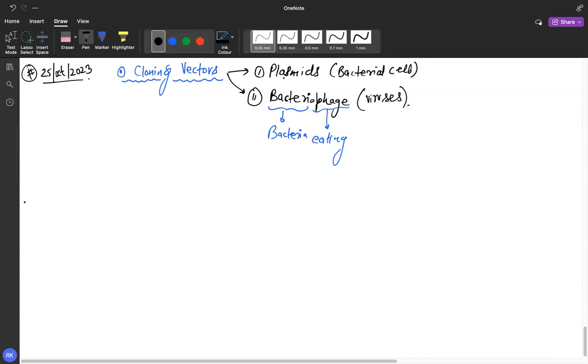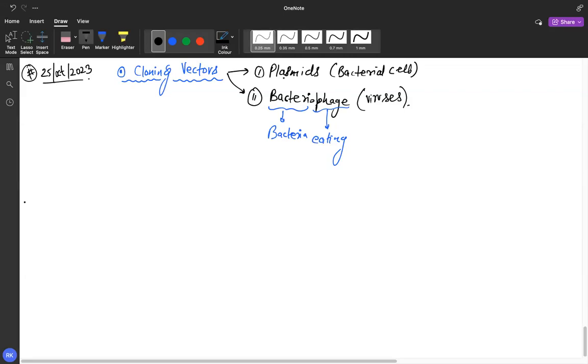It will attack the bacterial cell and insert the genome, but this time the genome will contain what we have engineered it to send. It will not contain its own lethal genes to kill bacteria, right? We have just modified or engineered it to use it as our vector.